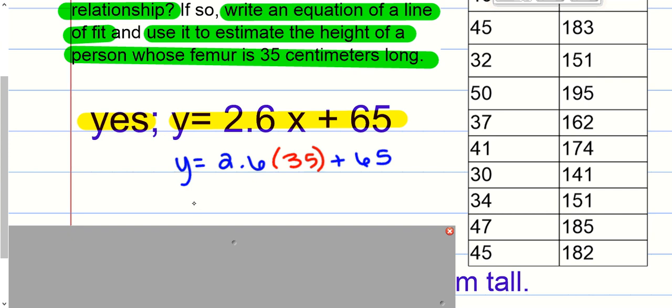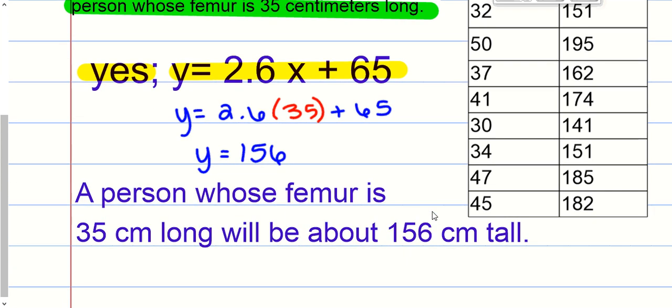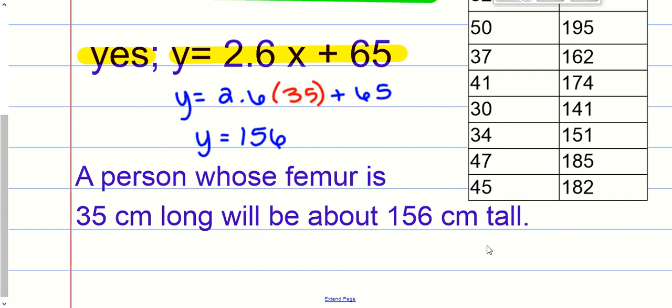And when you put all of that in your calculator, 2.6 times 35, and then add 65, you're going to get 156. So that means if you have a person who has a femur of 35 centimeters long, then they are going to be about 156 centimeters tall. Make sure you write your answers in full sentences, just as I have here in our notes. A person whose femur is 35 centimeters long will be about 156 centimeters tall.